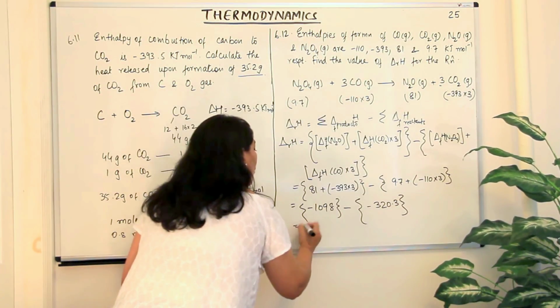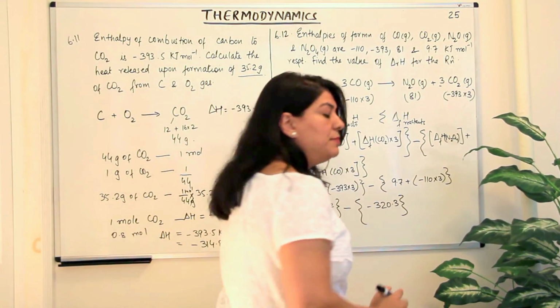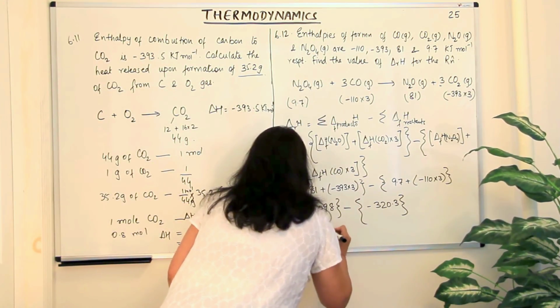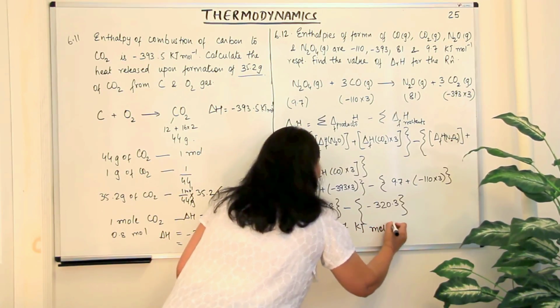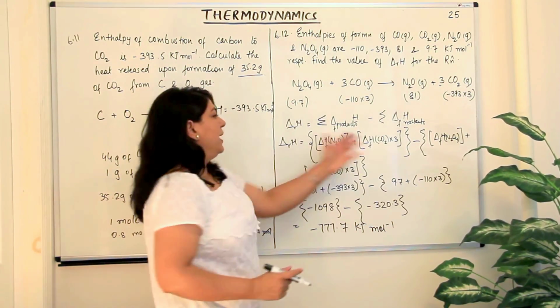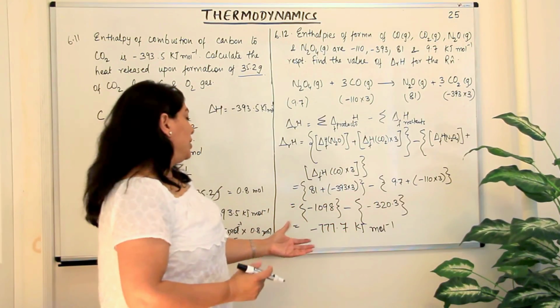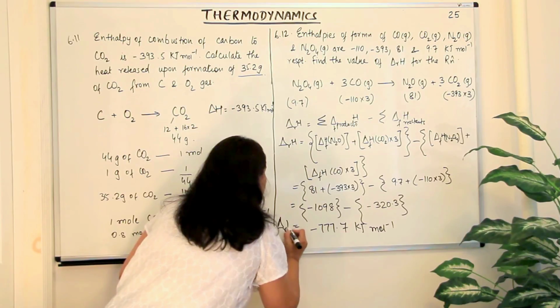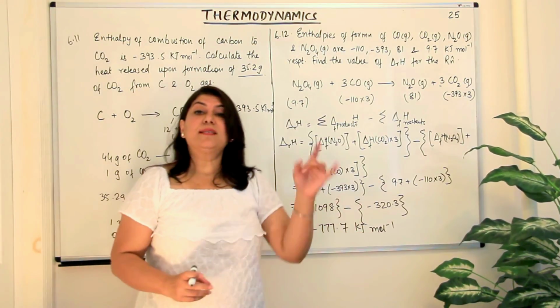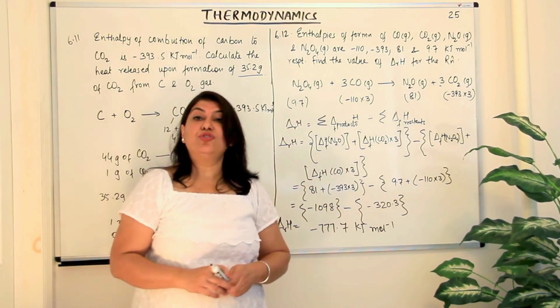And when you solve all of this, the answer you get is minus 777.7 kilojoules per mole. I'm writing down the unit here because I just avoided it since we were not cancelling out any units. So the enthalpy of reaction, or delta rH for this reaction, would be minus 777.7 kilojoules per mole.